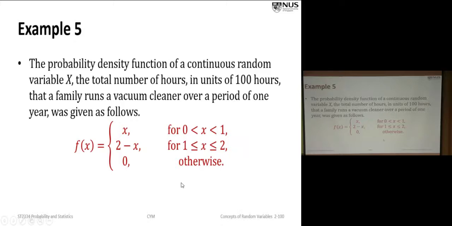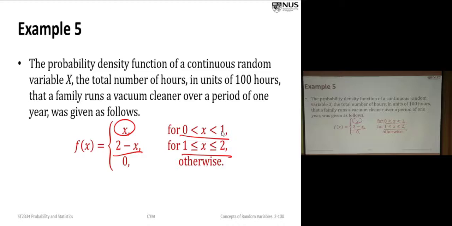Okay, now this is slightly different from the previous one. We are still given a PDF, a distribution with a PDF, and try to work out the expectation. But this time, f of x has 3 different forms over 3 different regions. The first one is x between 0 and 1. It takes x. The second one is x between 1 and 2. It takes the form 2 minus x. The third one is otherwise.